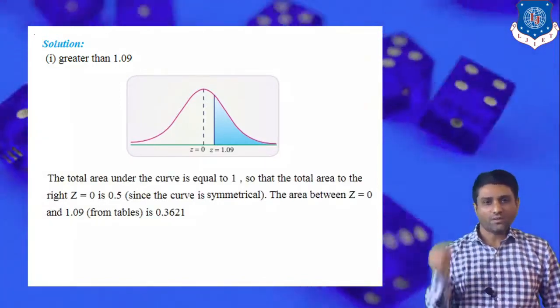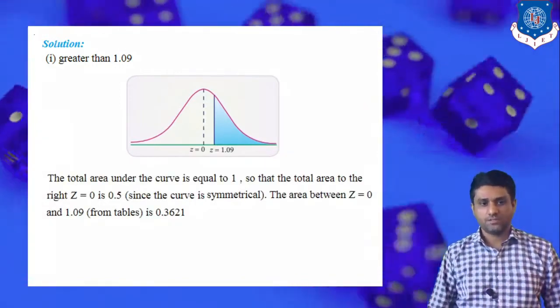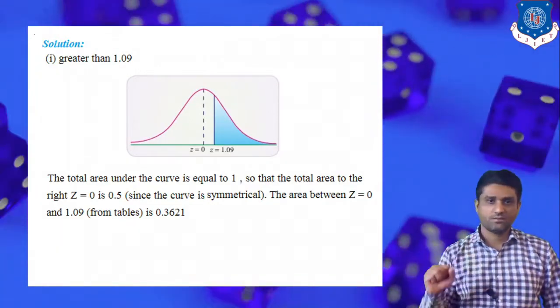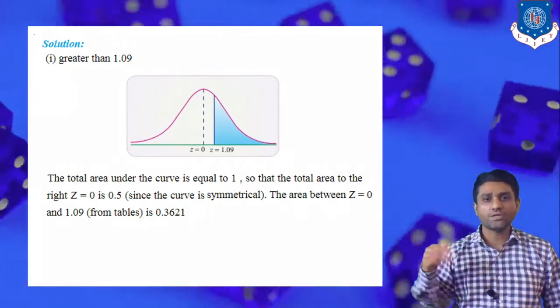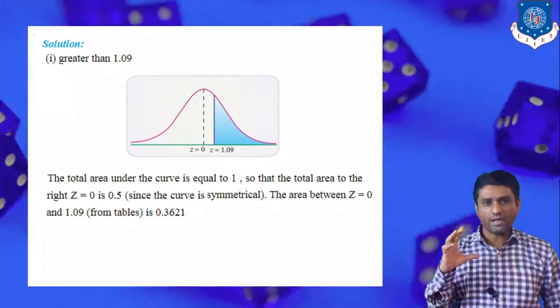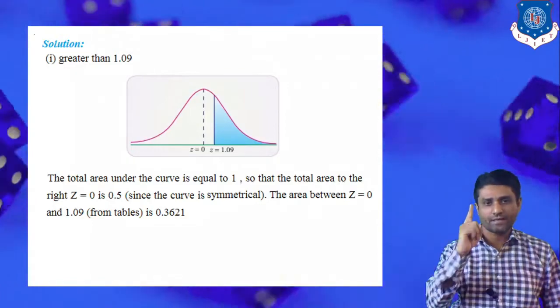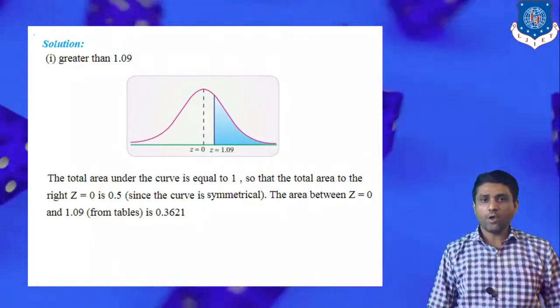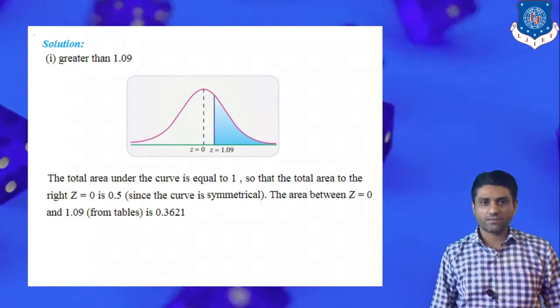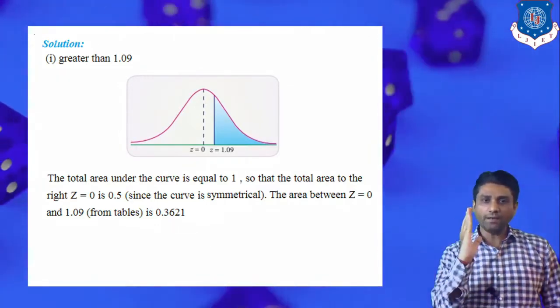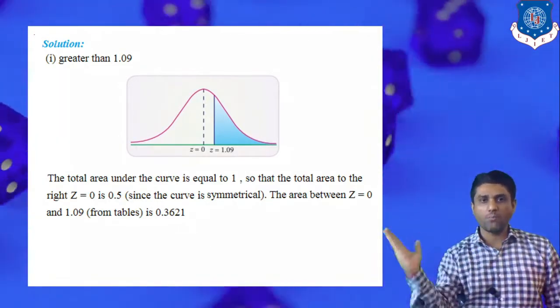So let's start with the very basic concept. The total area under the curve is equal to 1. This is a standard fact for each and every example. The total area covered by this normal distribution is exactly equal to unity, that is 1. And we know that this curve is symmetric, that is, the line z equal to 0 splits the normal distribution into two parts.